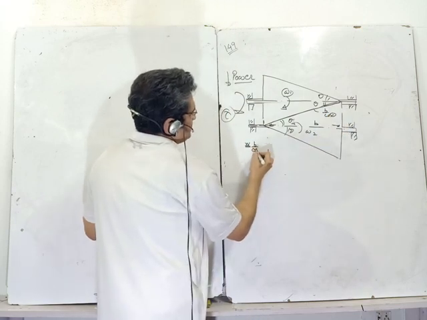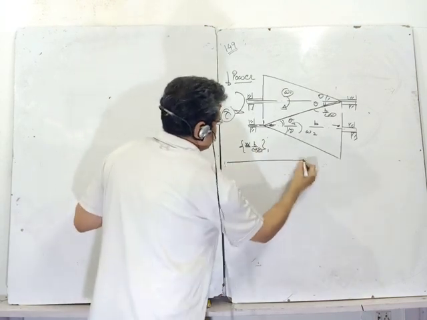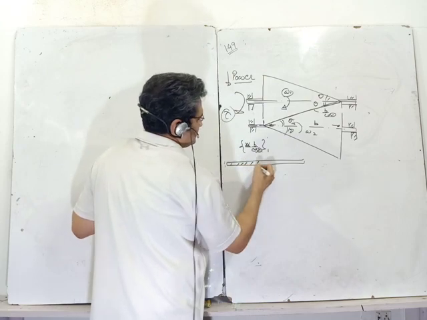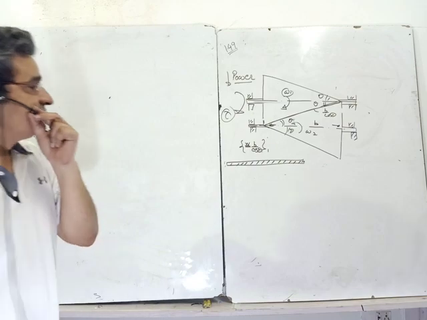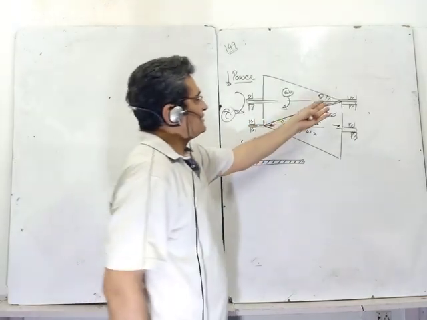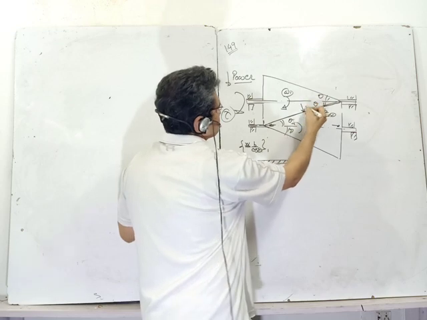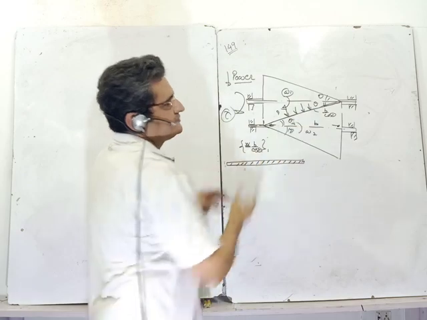So this is the area of that strip. Some deformation is there, though you can also treat it as a line.